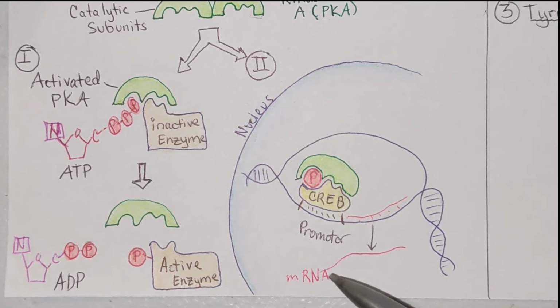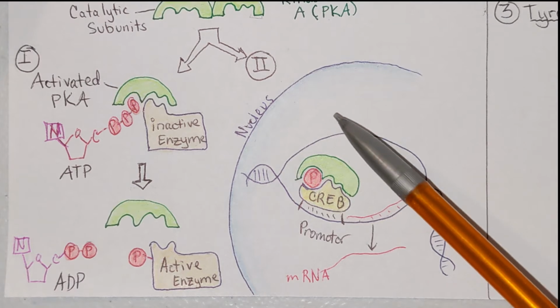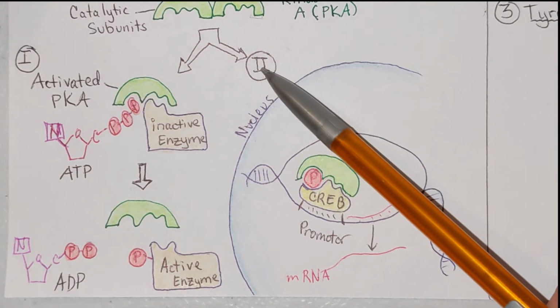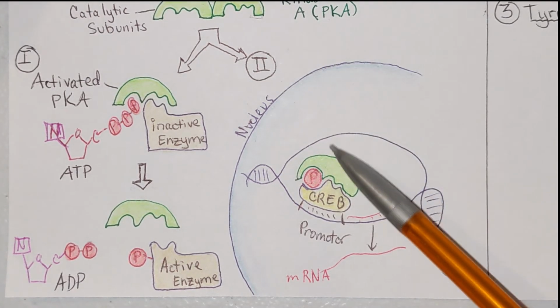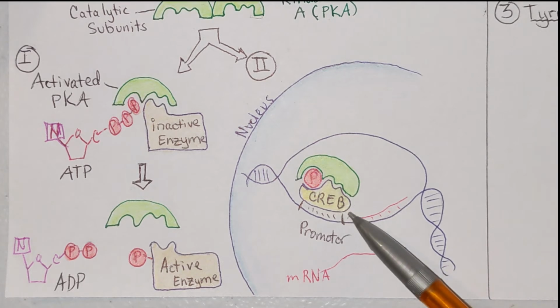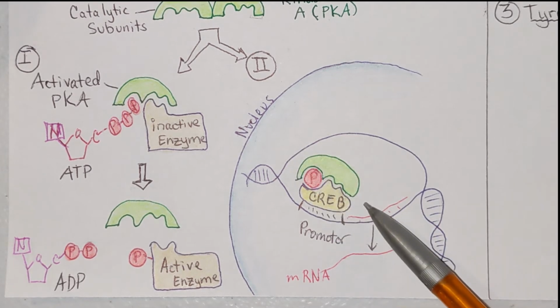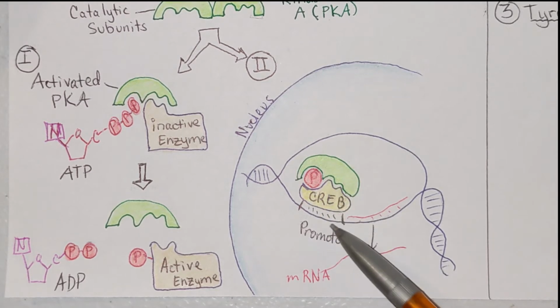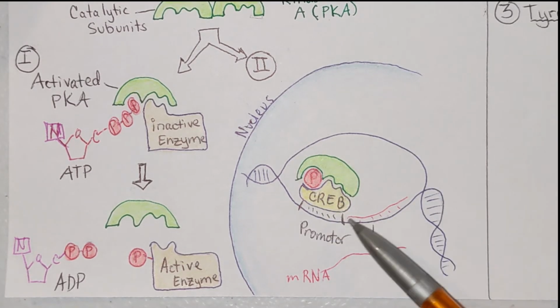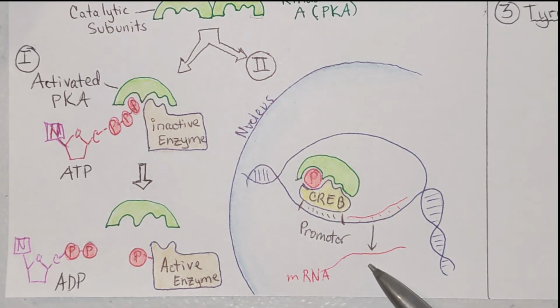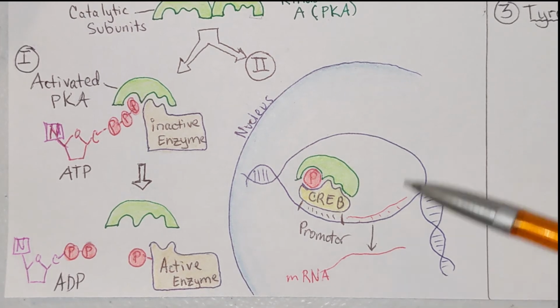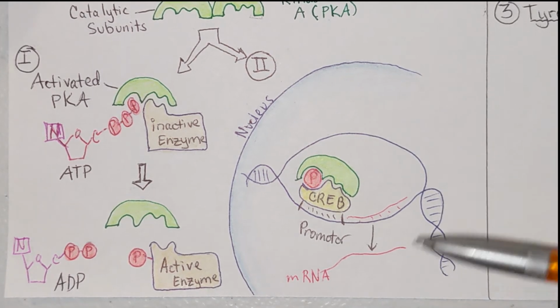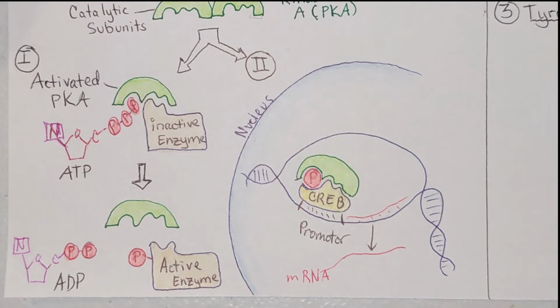Another way that the activated protein kinase A works is it can enter into the nucleus and it can act as a transcription factor. Right? So essentially it can phosphorylate what is called CREB on a promoter region of a particular gene. This promotes transcription, right? Therefore an mRNA copy of a particular gene, which will then go forth and be translated, processed, and then ultimately used.